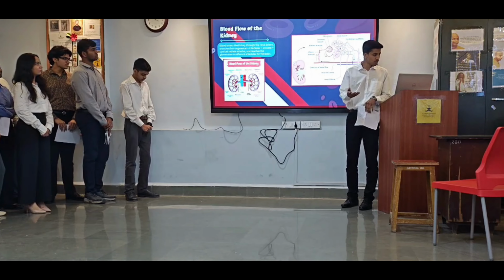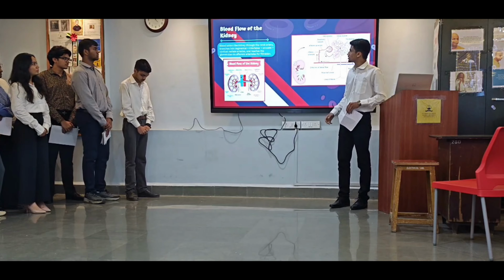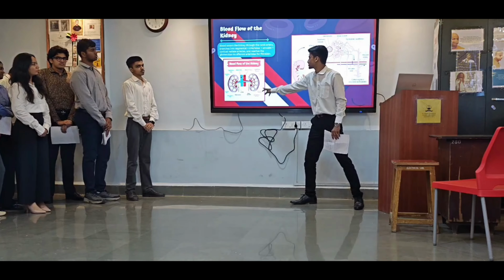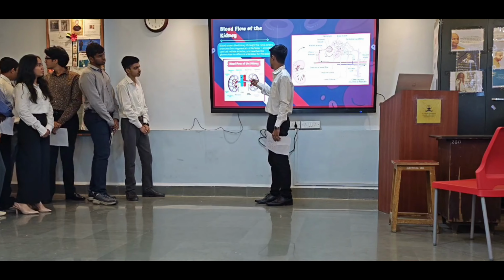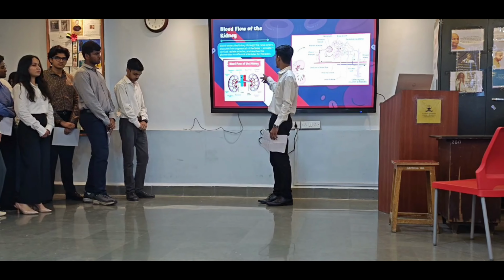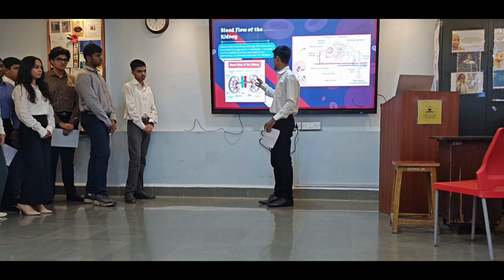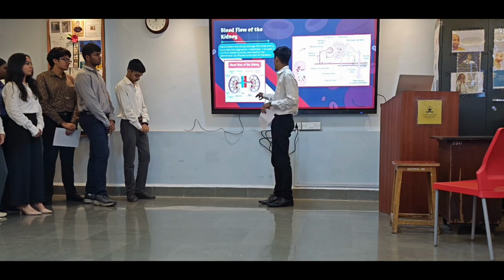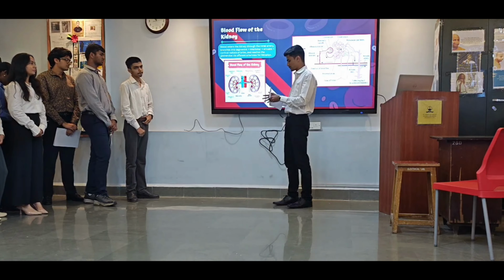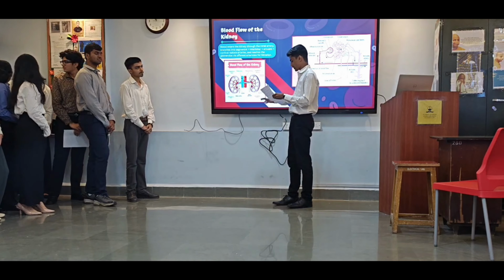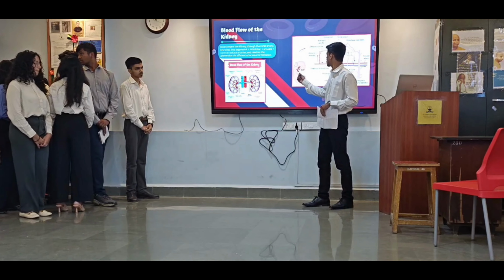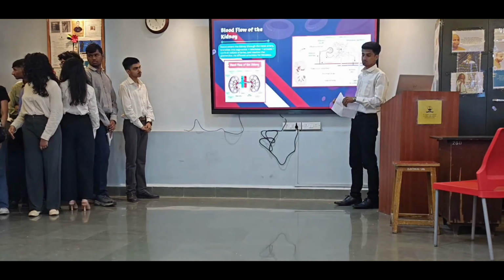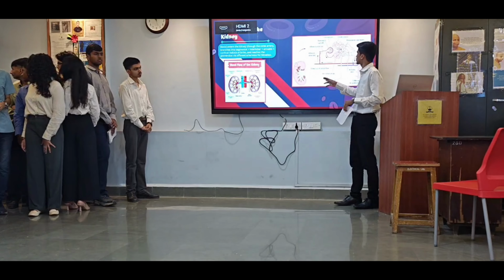Then, how is the blood flow of the kidney? The blood enters the kidney through the renal artery and it branches into segmental arteries. From the segmental artery it moves forward to the interlobar artery, then to the arcuate artery, and finally to the cortical arteries. Then it reaches tiny vessels, the afferent arterioles, which bring blood to the glomerulus.